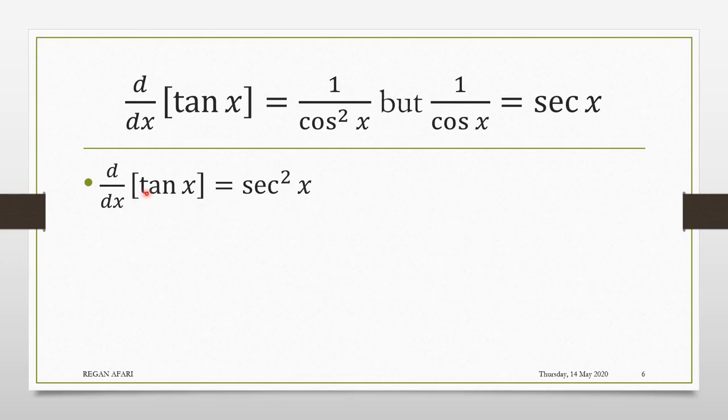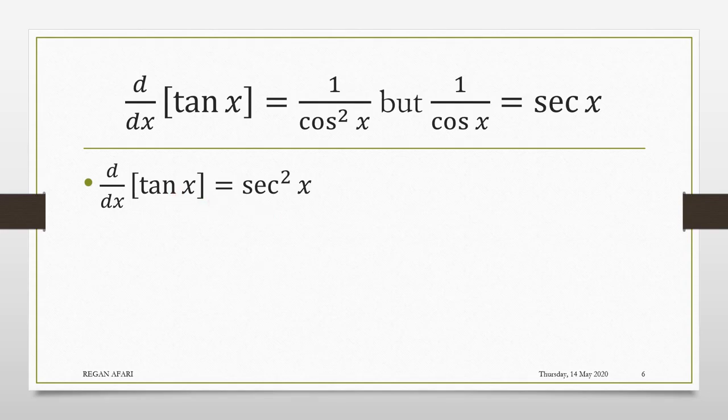So the derivative of tan gives sec squared. That is the new law. We have come to see that when you differentiate sine, you get cos, and when you differentiate cos, you get negative sine. When you differentiate tan, you get sec squared.